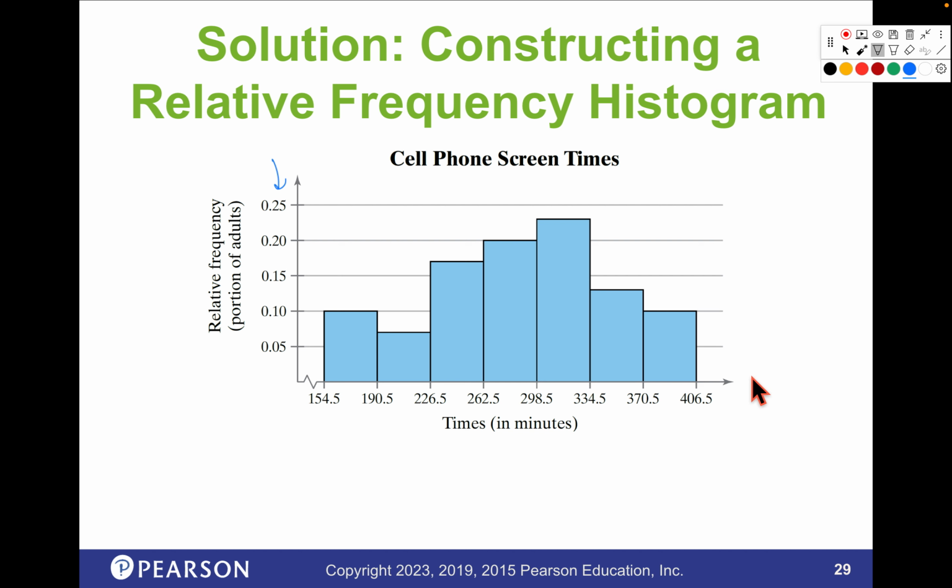Because it will. But this is now something we could use to compare to another sample, because the sample size really doesn't matter here. We've got percentages. So we take a larger sample, a smaller sample, and we can see, do we get about the same percentages, or are there differences? So percentages are helpful. And with a couple clicks of the mouse, we can change one from a frequency to a relative frequency.